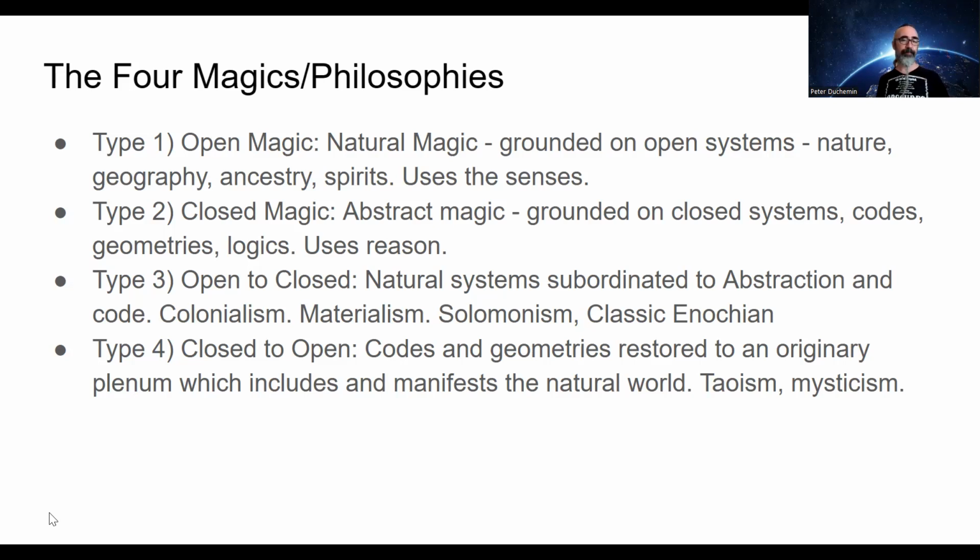But this is in a way, I guess what I'm saying is that most magics are of type 3 and 4. You can see I have a fourfold typology. So type 1 is open natural magic, type 2 is closed abstract magic, but type 3 is open system being translated into a closed system.